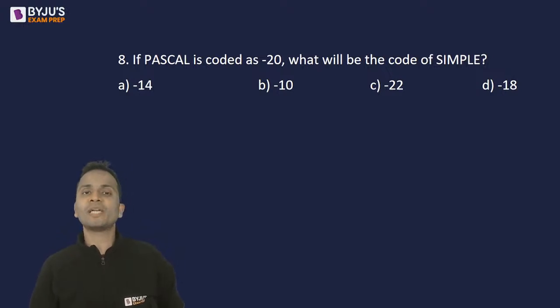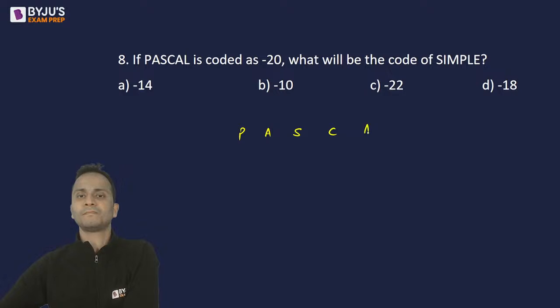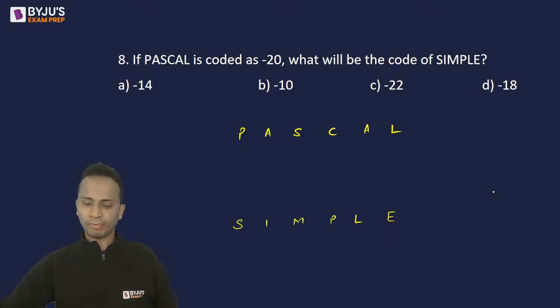If Pascal is coded as minus 20, what will be the code for simple? Pascal is coded as minus 20. What will be the code of simple?